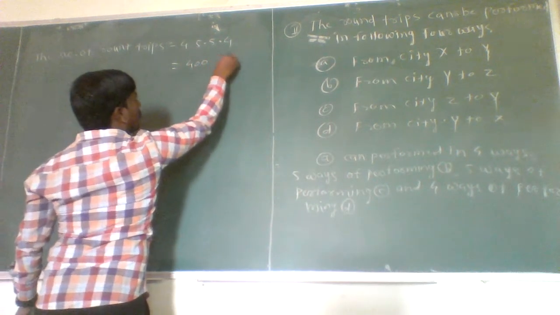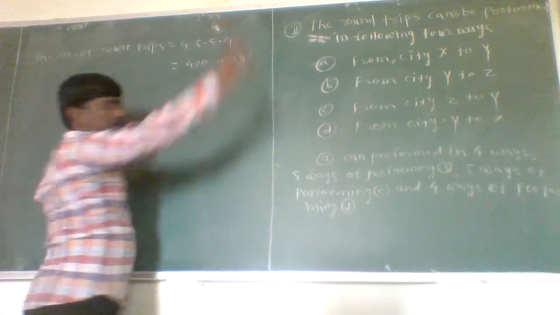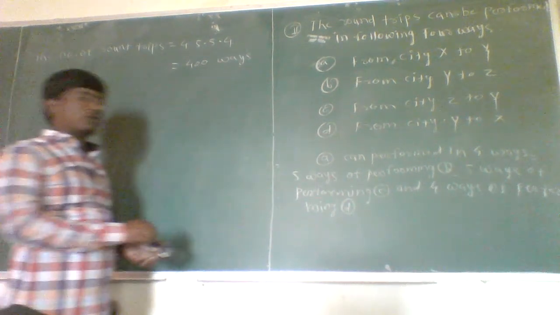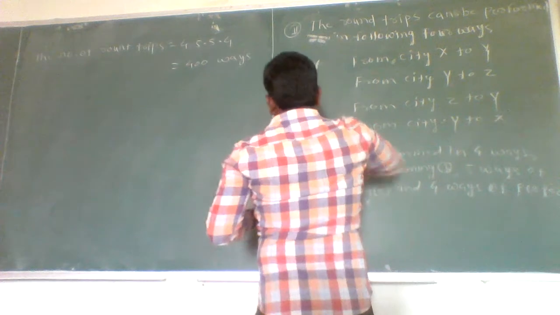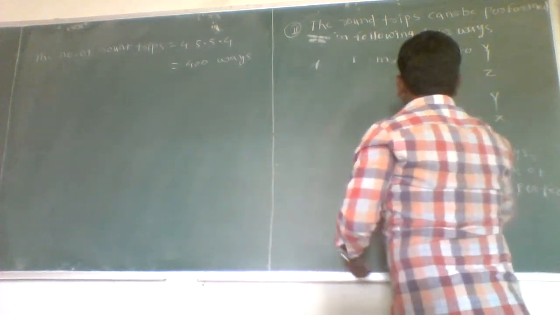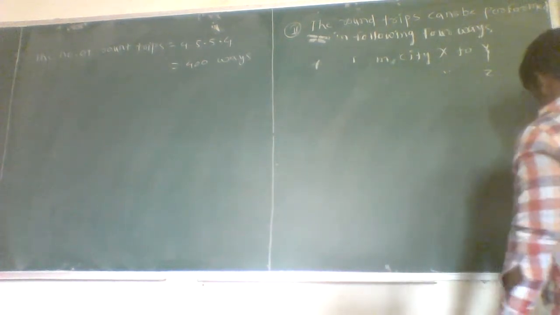So there are 400 ways. Okay. Similarly, we can use the product rule for such type of examples. Okay.